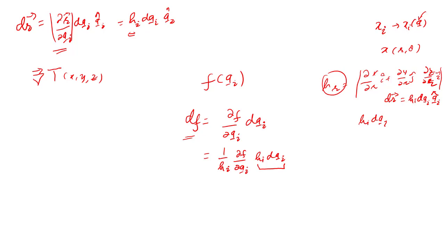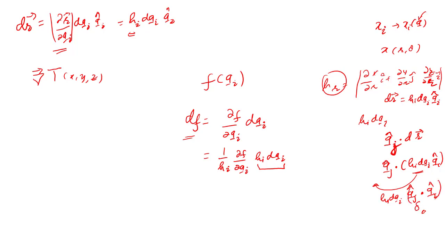So if I take dr and dot it with, say, a particular qj, then that is essentially qj dot hi dqi qi. hi dqi is not a vector, so hi dqi times qj dot qi, and as you know, this is delta ij, so you get hj dqj. So by dotting dr with an index j, I get that particular hj dqj.